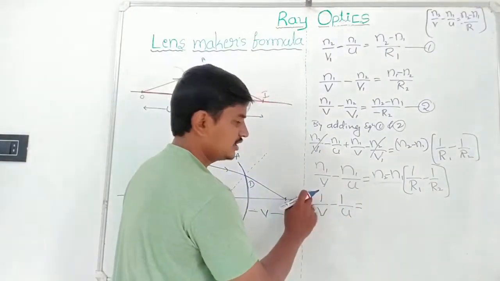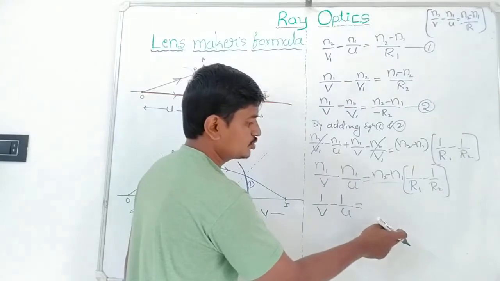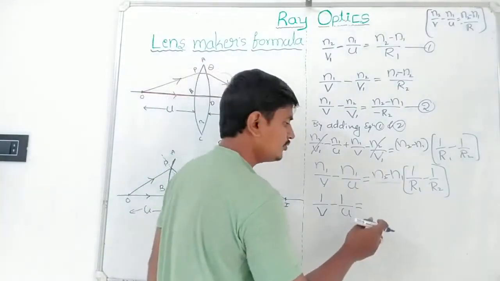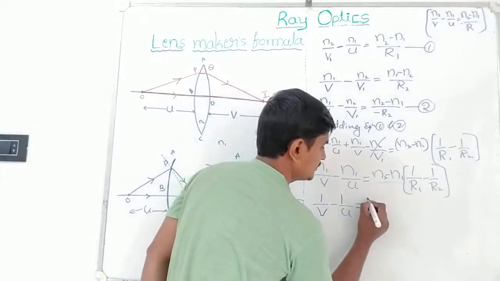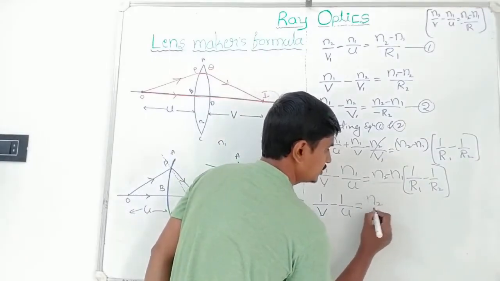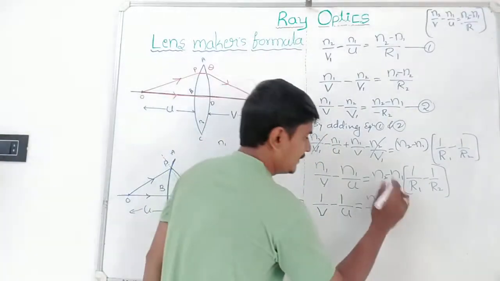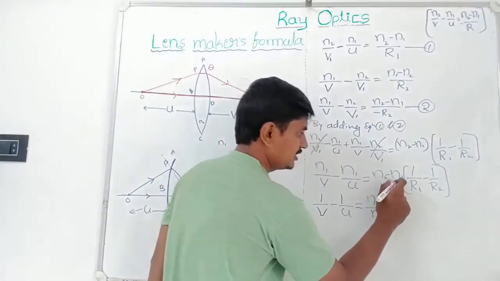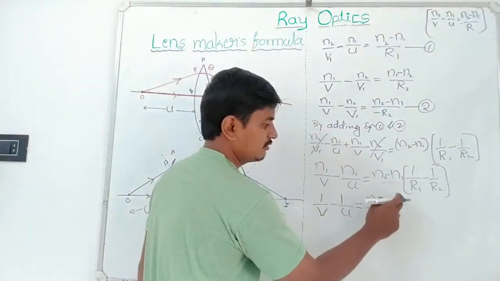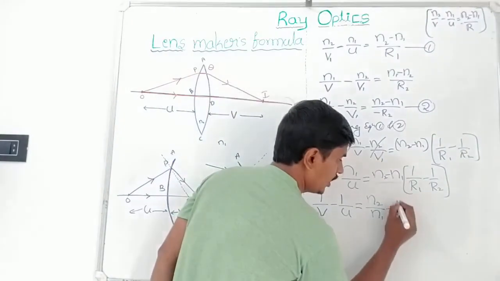So here it is in the numerator, then if it moves to the RHS side, it goes to the denominator side. And this becomes N2 already is there, divided by N1, and N1 by N1 becomes 1.